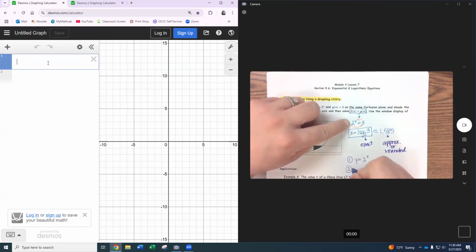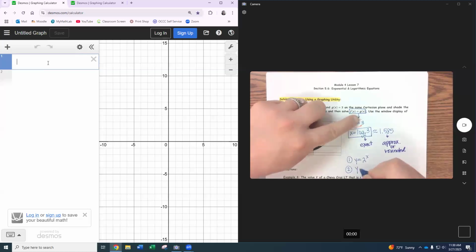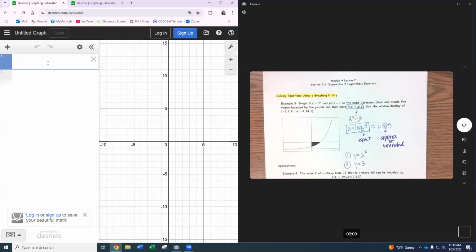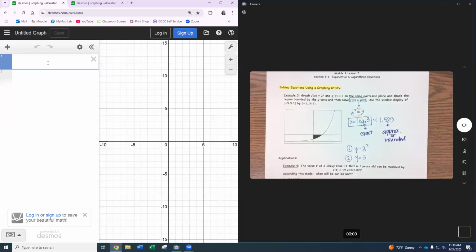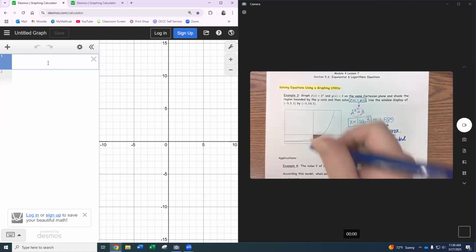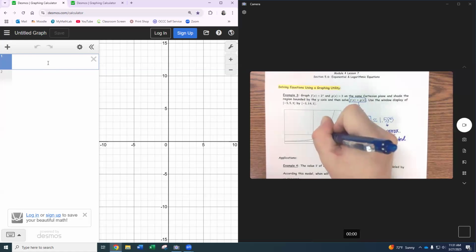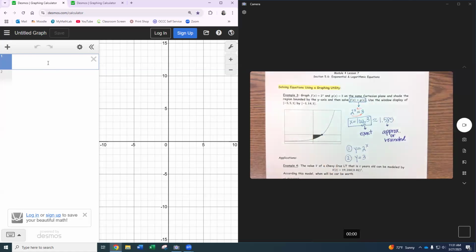And then in the second line, I'm going to put y equals 3. So to be able to solve these using a graphing utility, whether it's graphing calculator or DESMOS, you're doing y equals the left side and y equals the right side. And what we are looking for is the intersection right here.